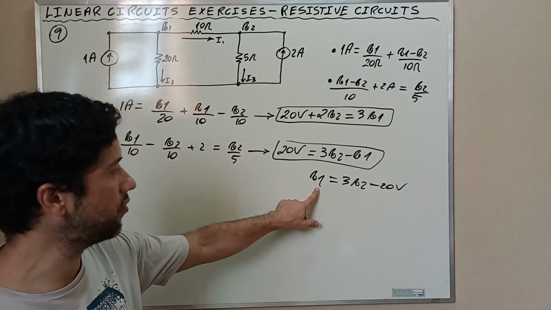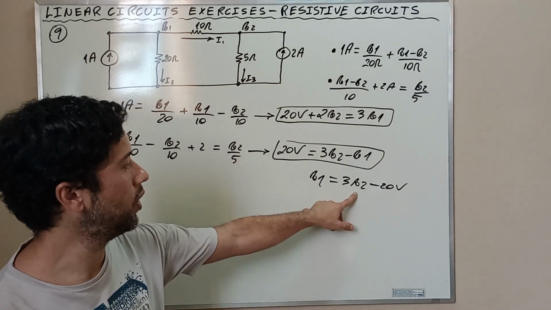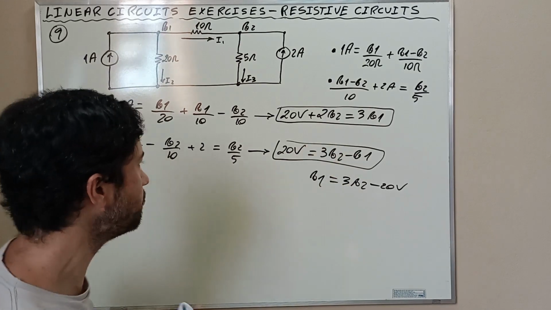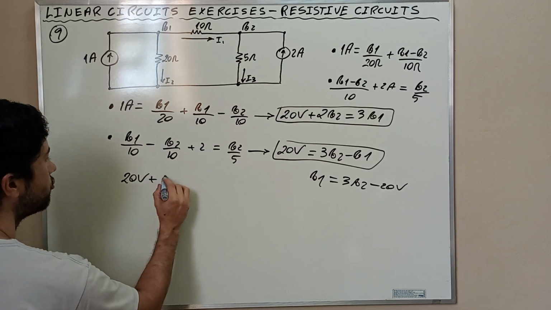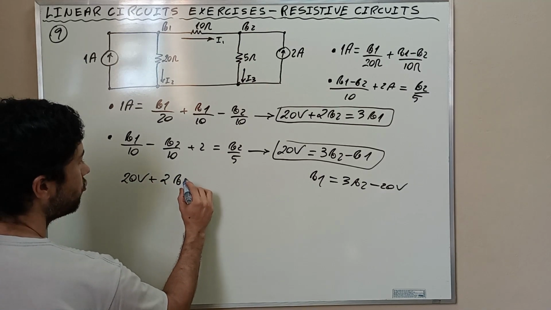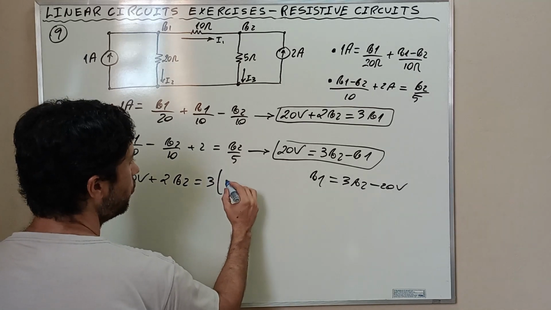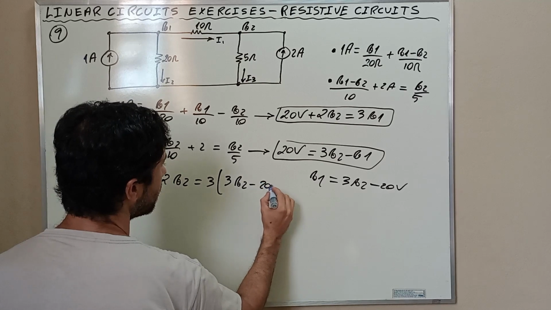And this is the value of V1 in terms of V2. We are going to use this here, okay? Then 20 volts plus 2 times V2 is equal to 3 times V1. But V1 is 3 V2 minus 20 volts.